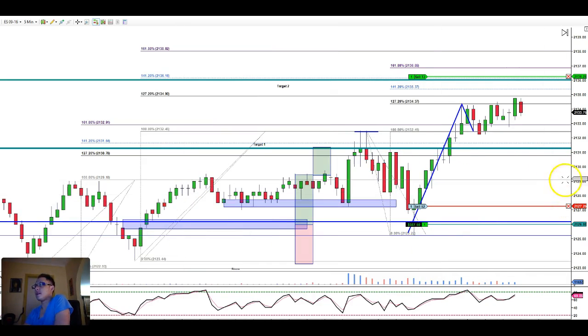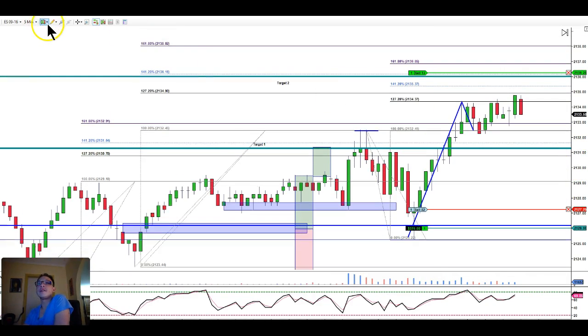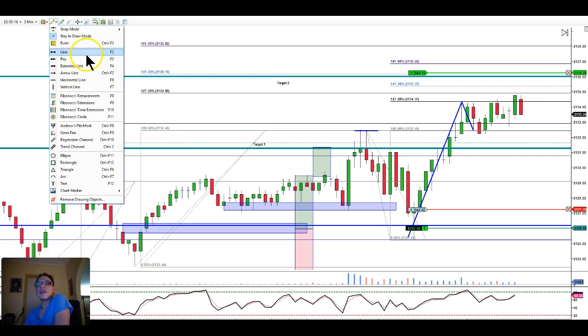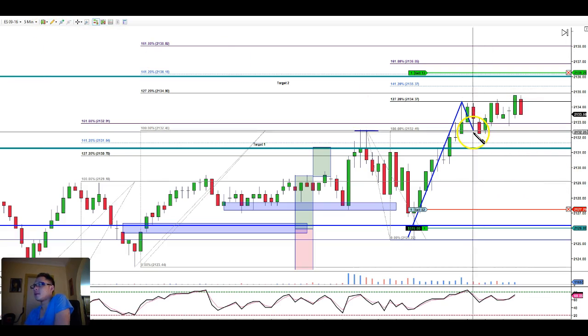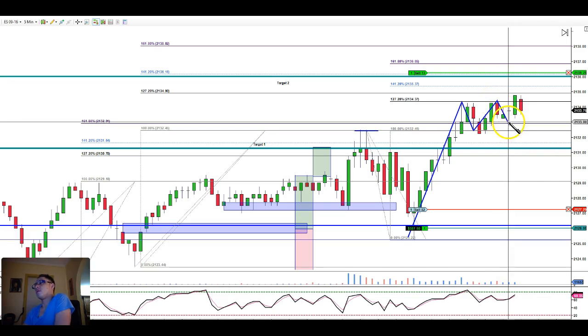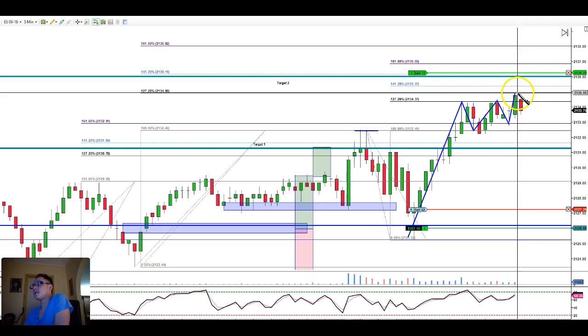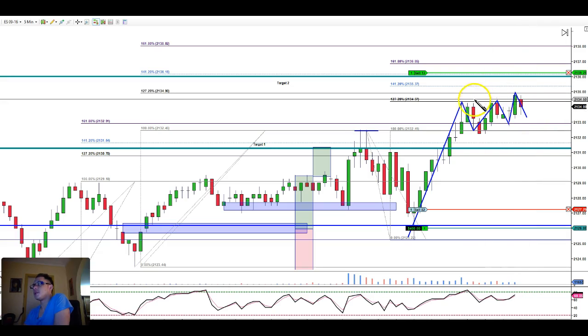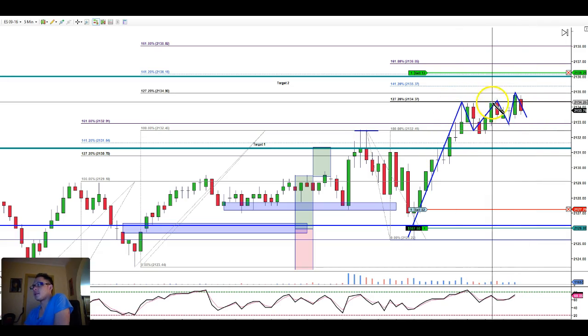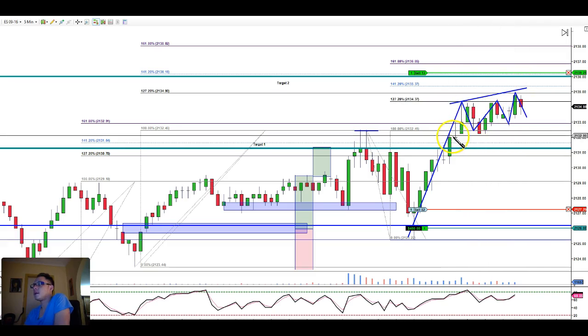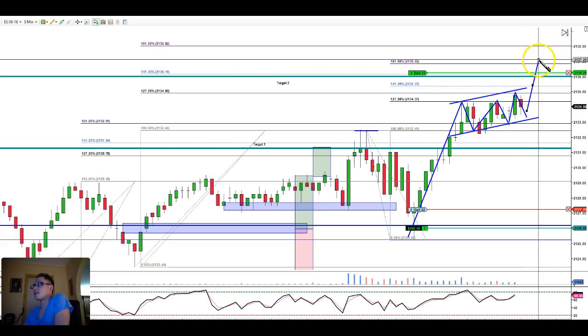Okay, so what's happened is, right now I've got a lot more confidence this will hit, because what it's done is it's put in a bullish consolidation. So with kind of a rising wedge, I guess. So usually this is a bearish sign. You can see the market's kind of stair-stepped its way up. And generally what will happen is at some point, whether it breaks down or breaks up, we're going to see a move to the upside.